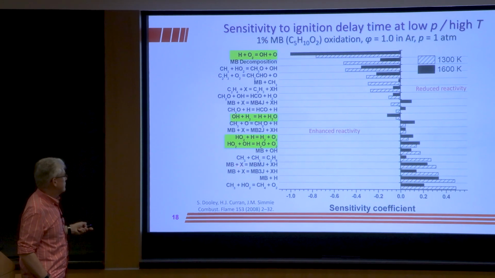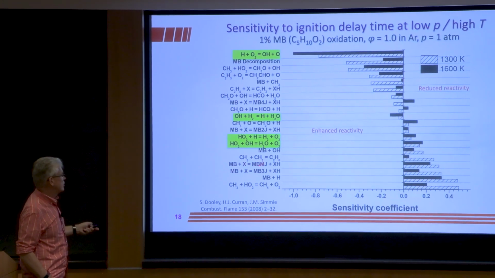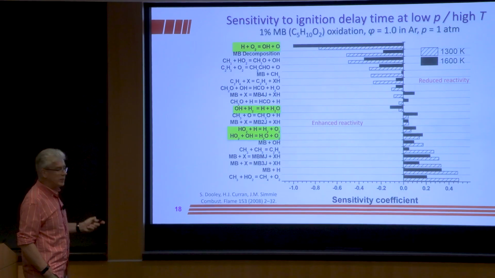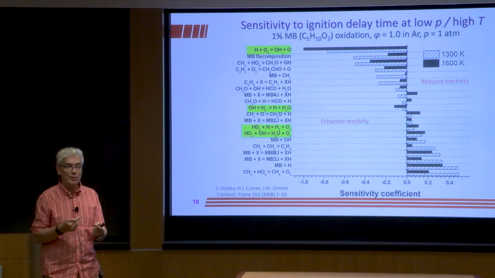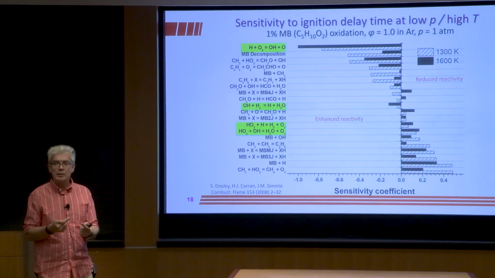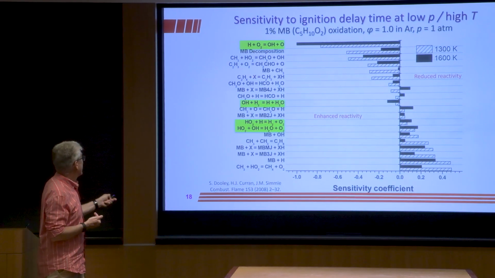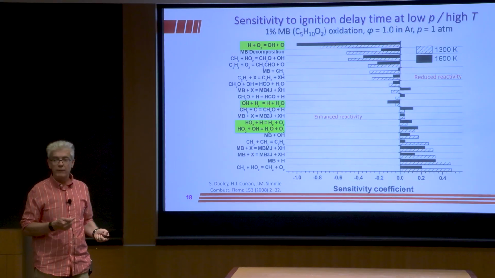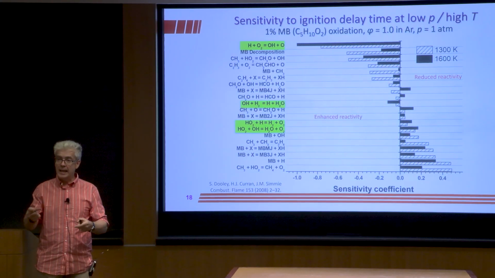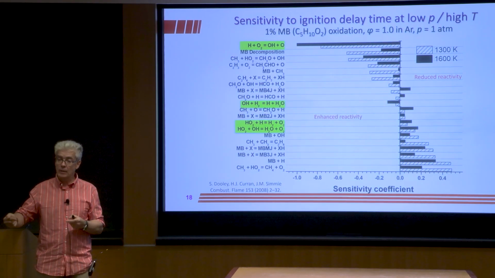But methyl butanoate plus any radical producing MBMJ and MB3J, I don't know what they are, right, but they're different radicals from the fuel. So if you produce one fuel radical, it enhances reactivity, but if you produce the other ones, they inhibit reactivity.